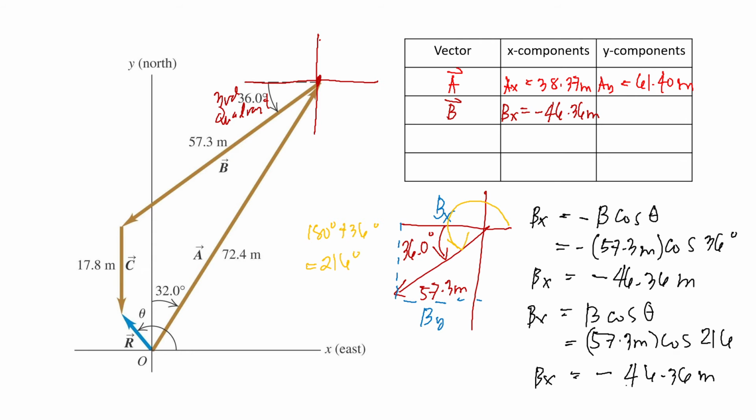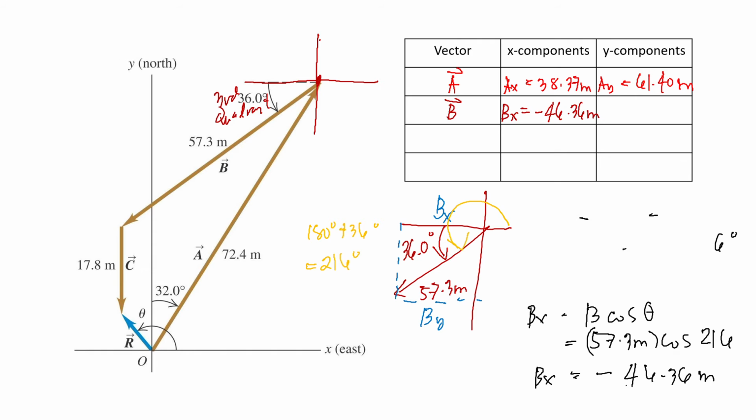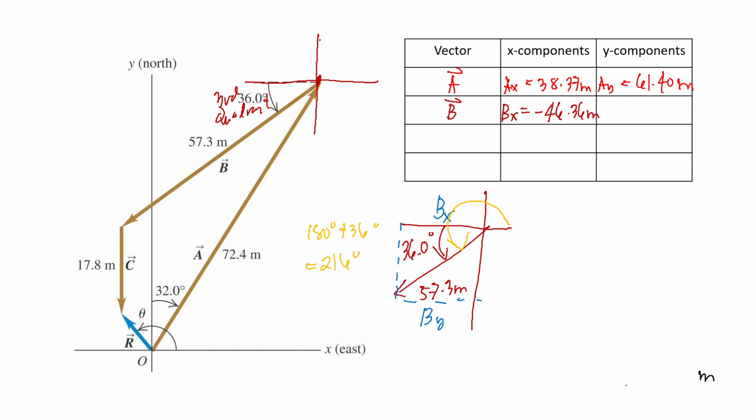Now, let us go to our by. Let's solve now here by using the same process. For your by, you can also still use your 36 degrees, or you can also use the angle that we have earlier, your 216 degrees. It should still give you the same answer.